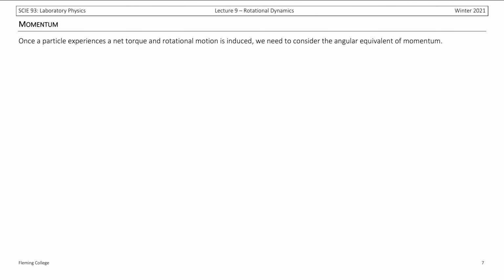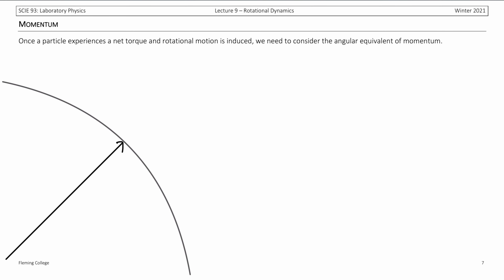Once a particle experiences a net torque and a rotational motion is induced, we need to consider the angular equivalent of momentum. We simply call it angular momentum. For this, we need to consider a circular path of motion that has a fixed radius in which a mass travels at a given velocity. With this information, we can calculate angular momentum, L, as the mass multiplied by the velocity multiplied by the radius.